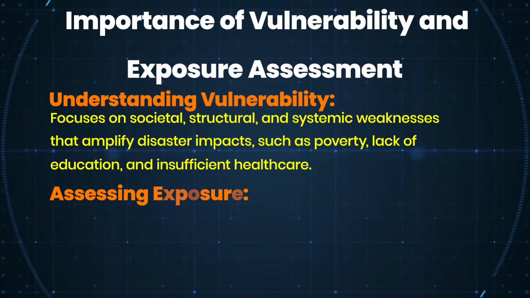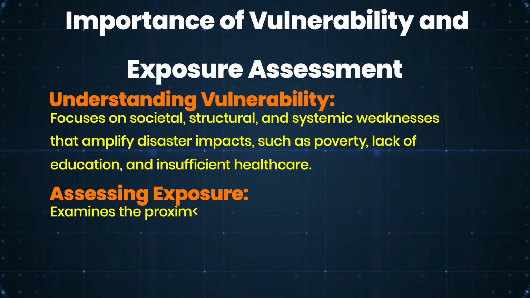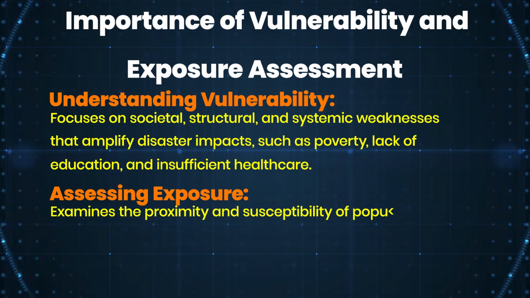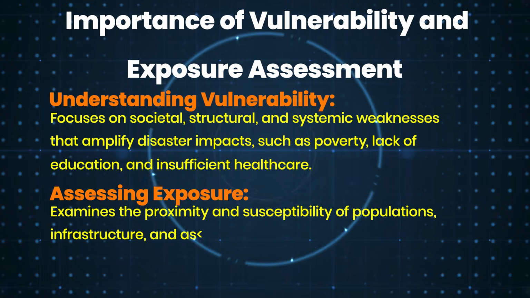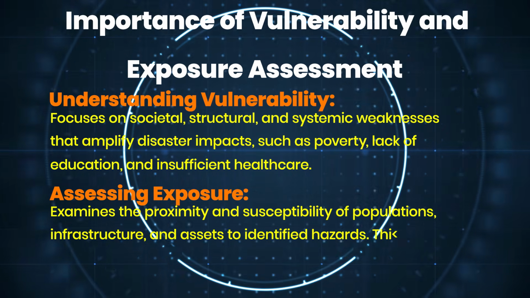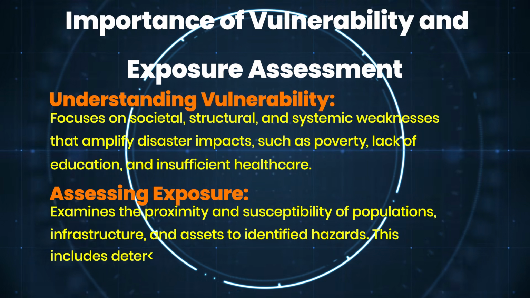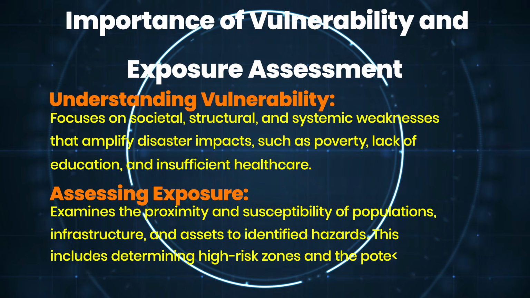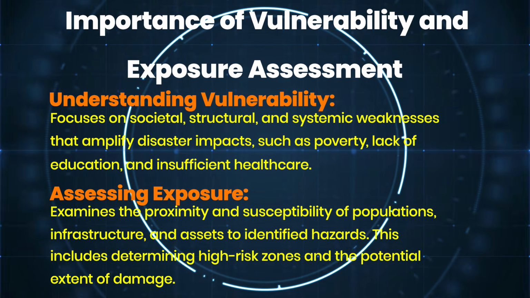Exposure assessment examines the proximity and susceptibility of populations, infrastructure and assets to identified hazards. This includes determining high risk zones and the potential extent of damage. What significance does it have in DRM? Vulnerability and exposure assessments allow for targeted risk mitigation, ensuring tailored strategies to protect lives and assets.